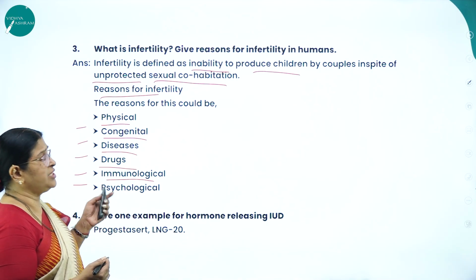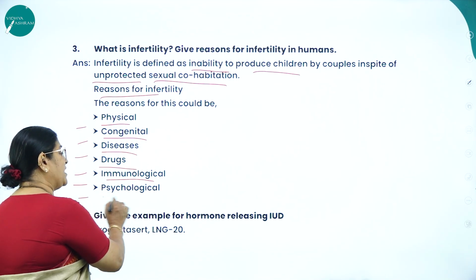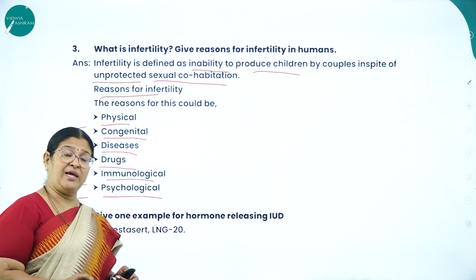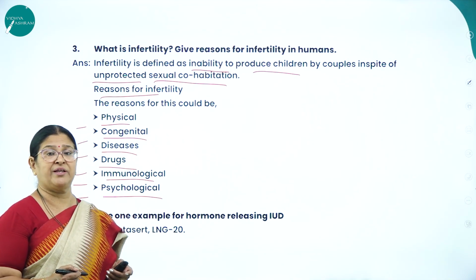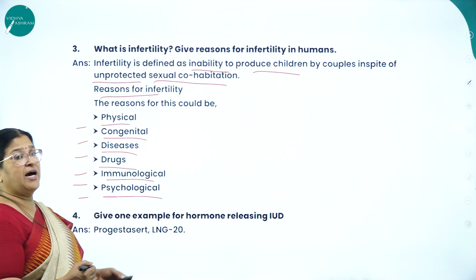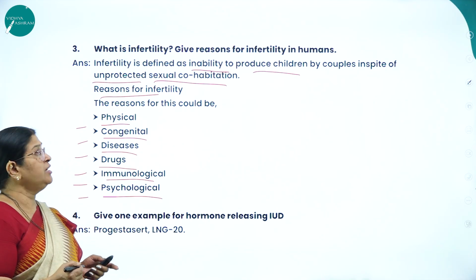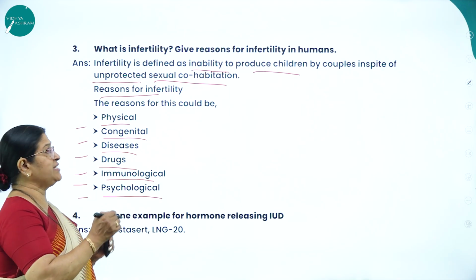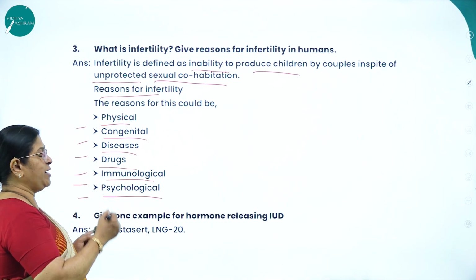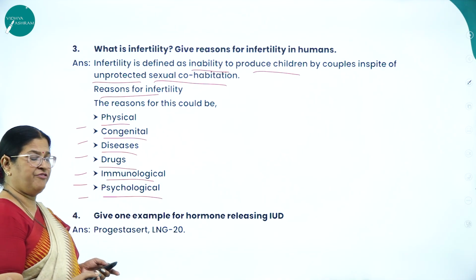In that case also they may not be able to bear children. Psychological is very important. Mental ability also matters a lot to bear a child. All these are the important reasons to quote for infertility in couples. It is given generally for humans. It may apply even for the male or even for the female.